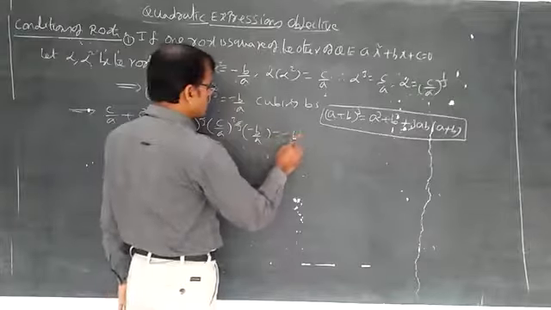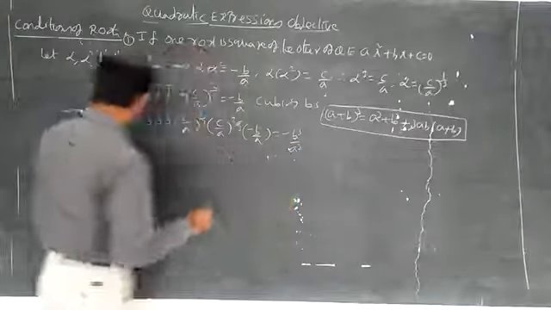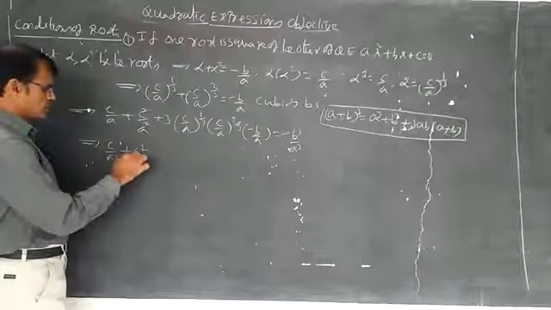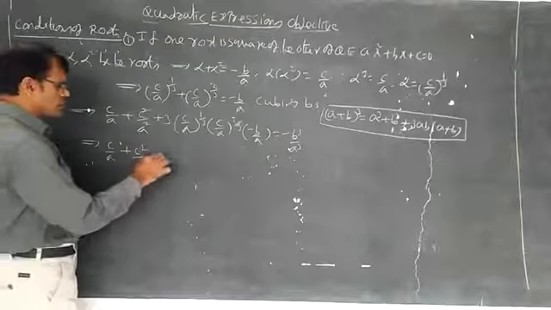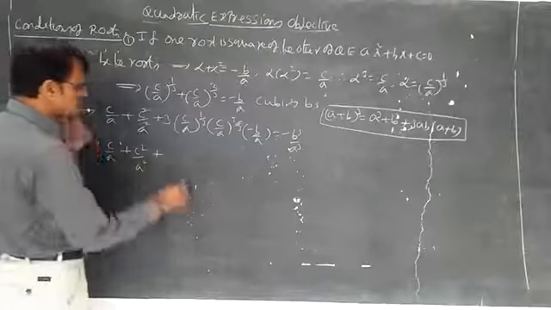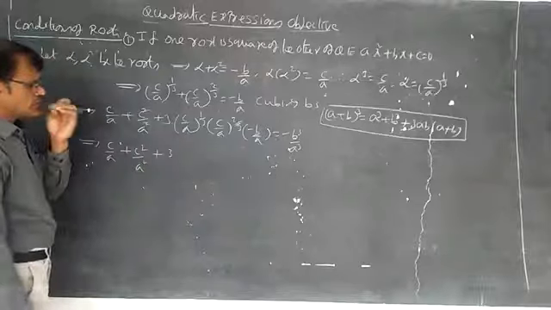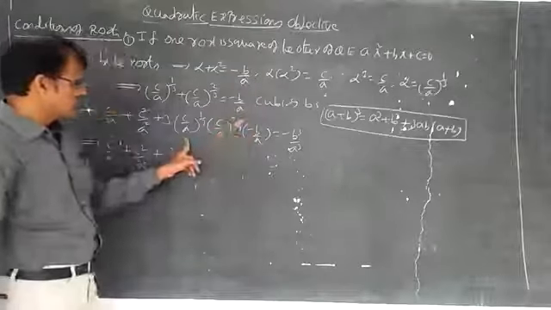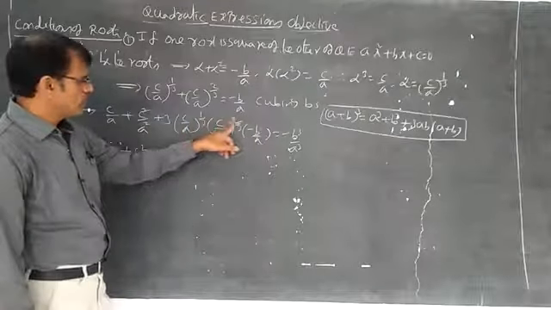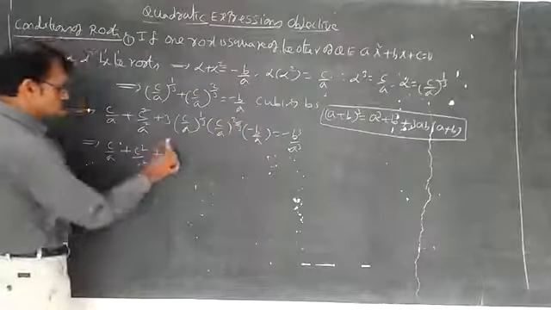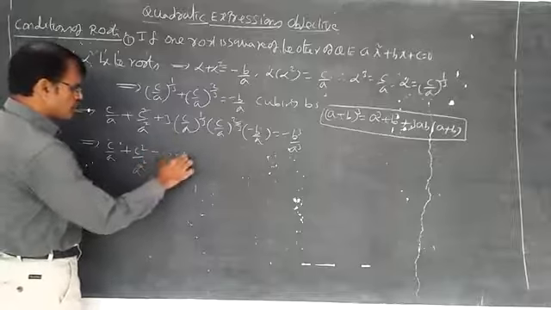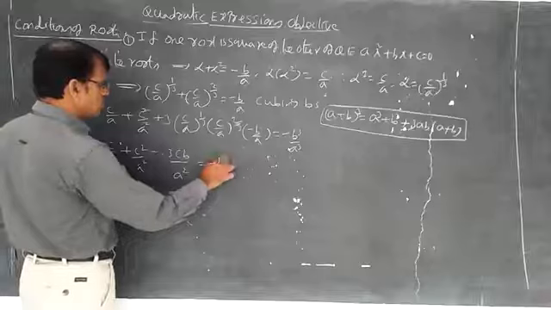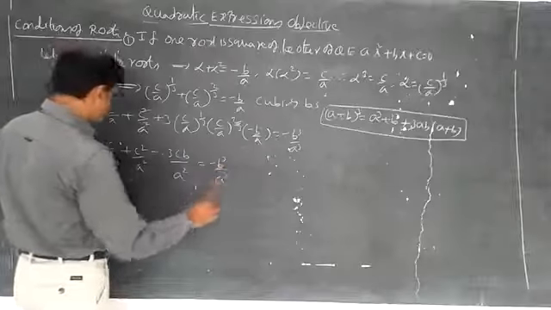So it becomes minus b cube by a cube. That implies c by a plus c square by a square plus 3 into c by a power 1/3, c by a power 2/3. If the bases are equal, you can add powers: 1 plus 2, 3/3 becomes 3c by a. Put minus here, minus 3c by a square is equal to minus b cube by a cube.